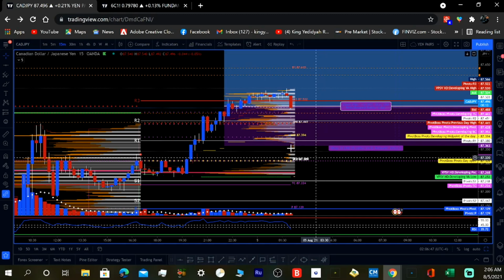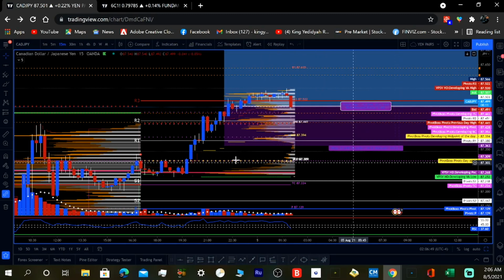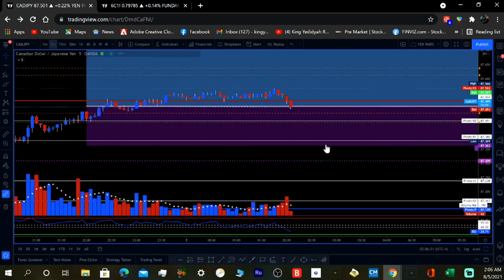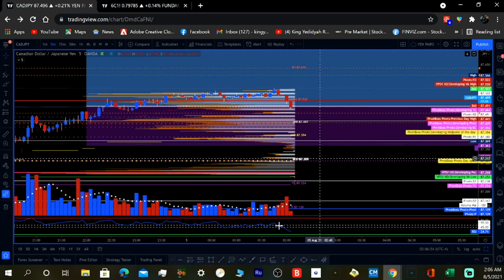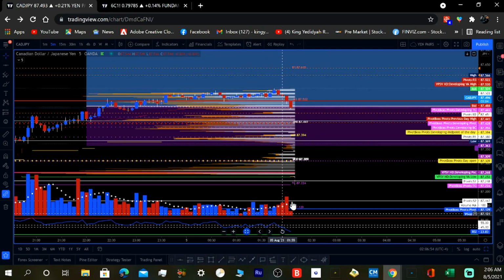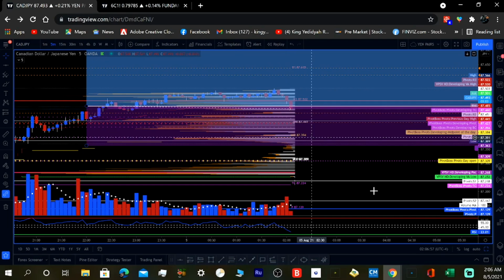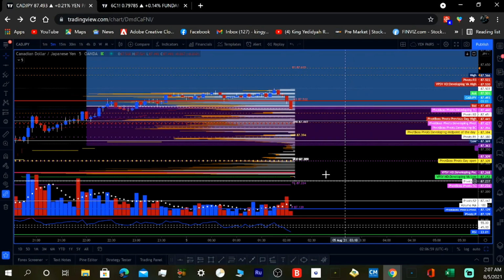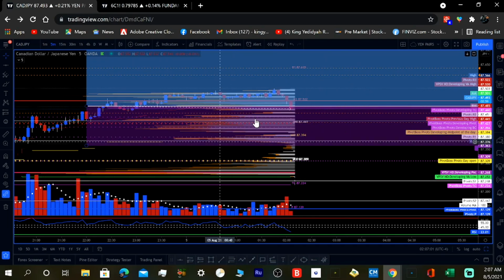Let's see if we could find some support. Let's drop down to the 5 minutes, see what's going on. So yeah, volume is increasing as well, so this is looking like it's gonna have to test yesterday's high, which is this red cross right here.